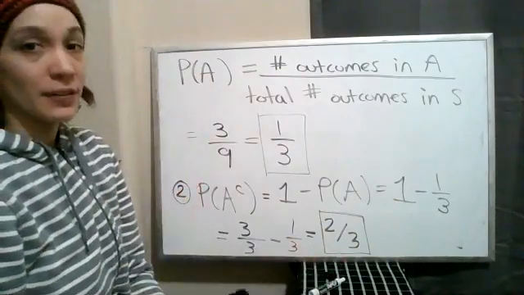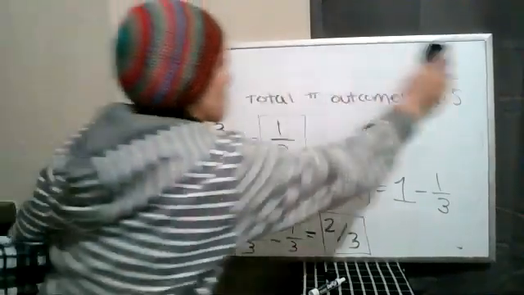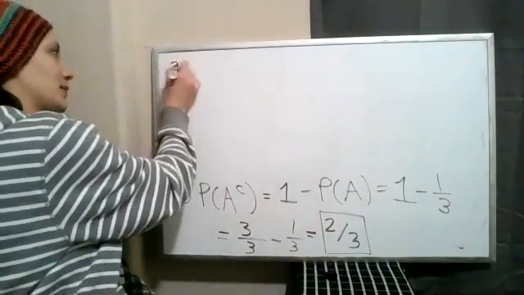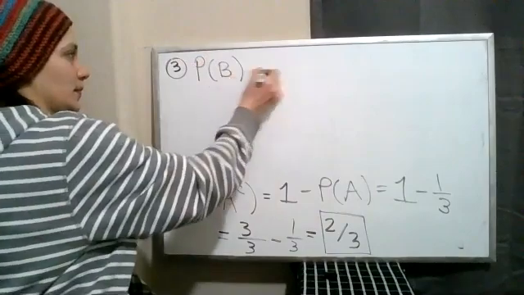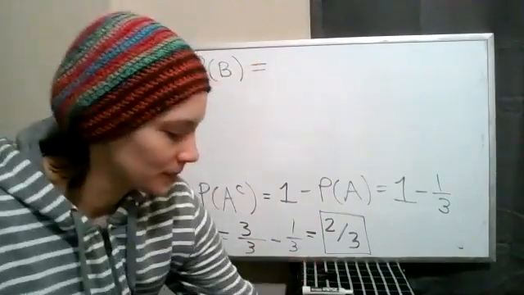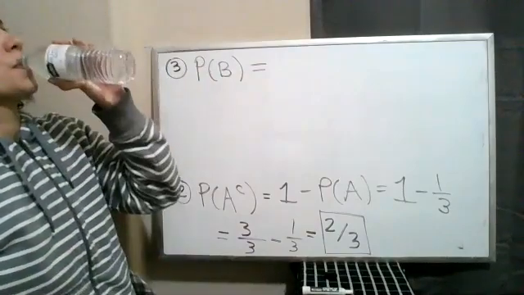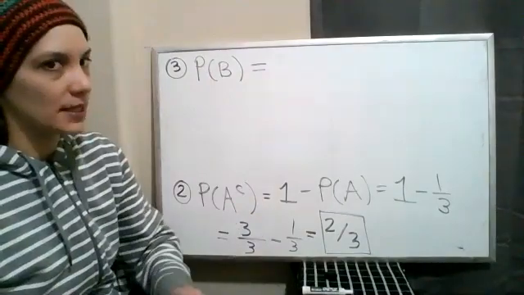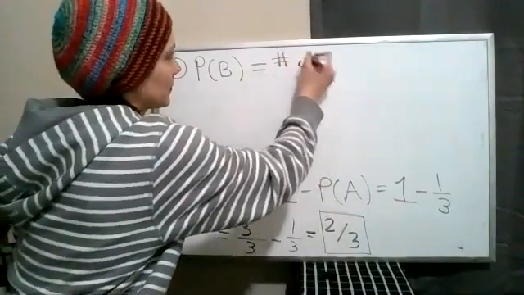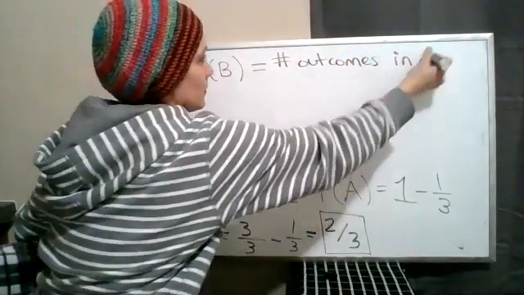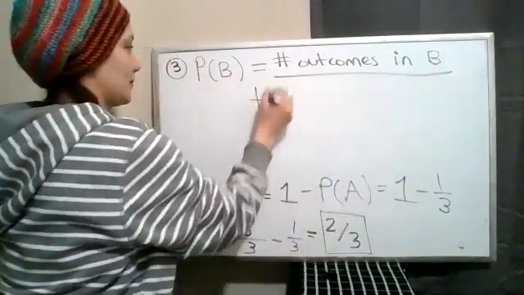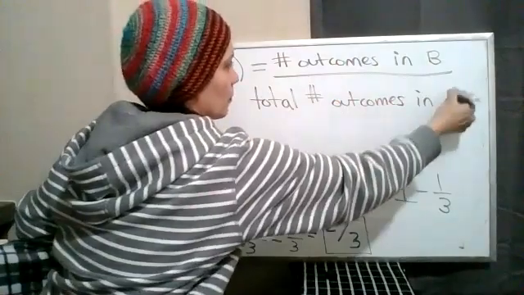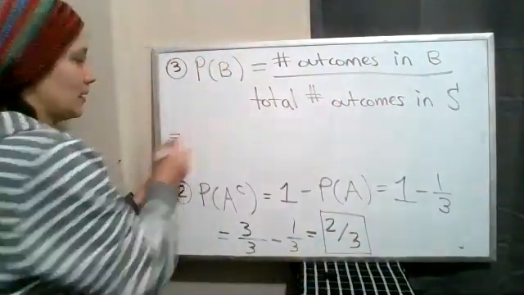Number 3, the probability of B. So find the number of outcomes in B, divide by the total number of outcomes in S. Look at my picture.